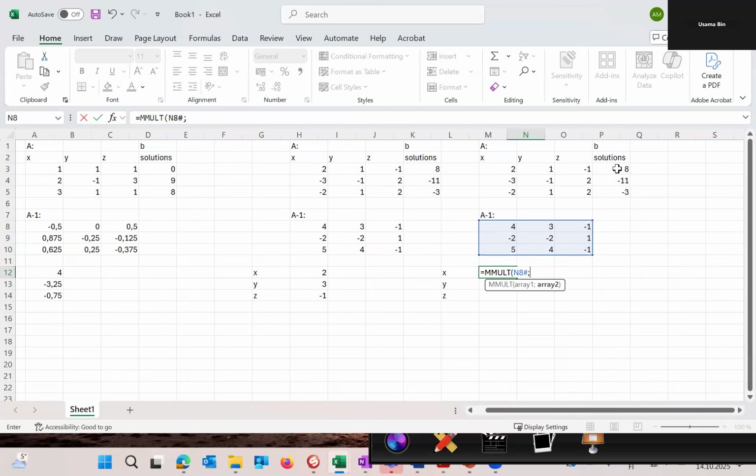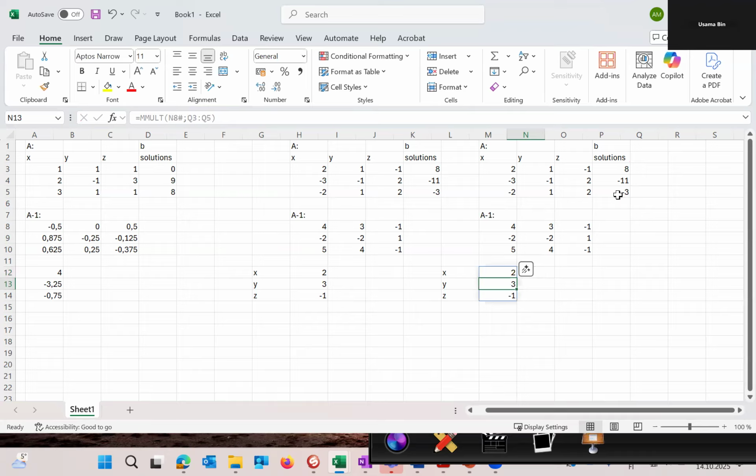And then I multiply these solutions, yes? I hope this goes well. Maybe I should have marked first that it has to be 3. Let's see what happens. Yeah, it did it fine. Okay, so I didn't even have to mark here that it was supposed to be this big. And now I get the solutions from there.